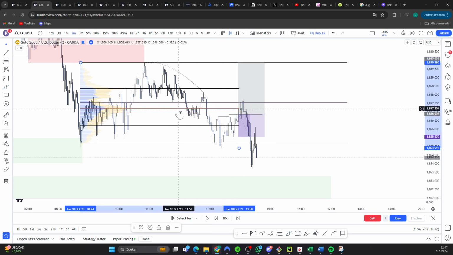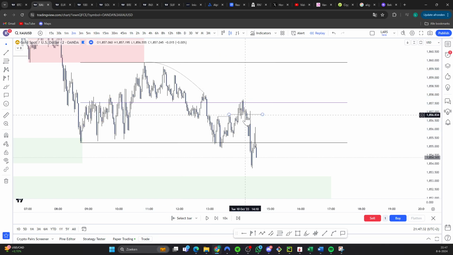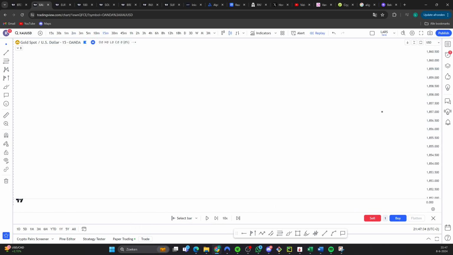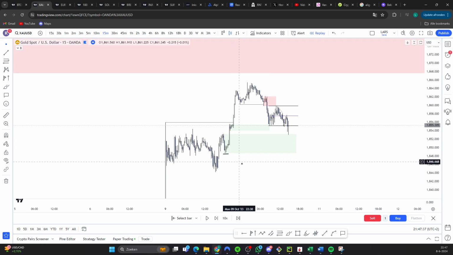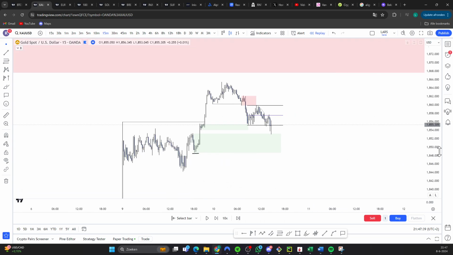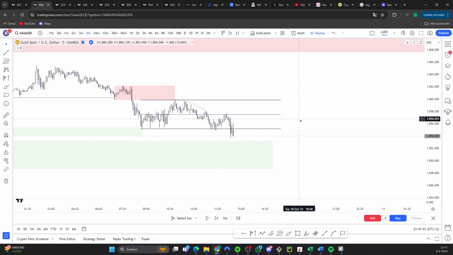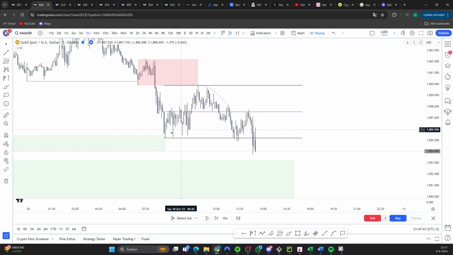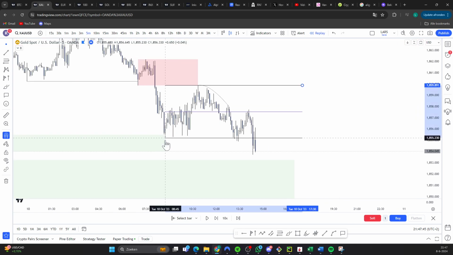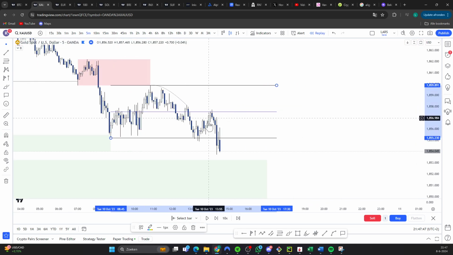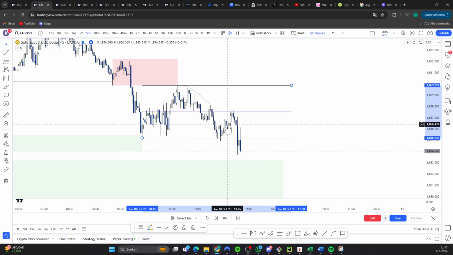So this didn't work, and we can talk about why this didn't work. It could be just because we had that demand remaining below us that needed to get mitigated, right? That could very well be the case. But this is an entry confirmation. We swept sell side liquidity. We broke back inside the volume profile. That is an entry model.